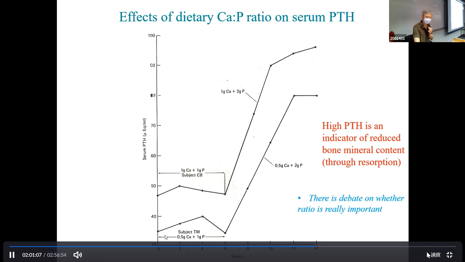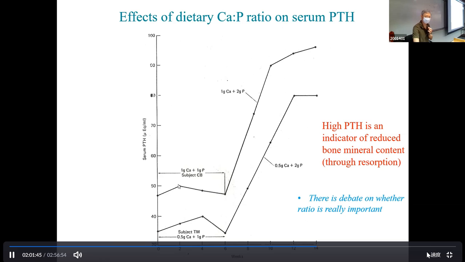The first one starts with 500 milligrams calcium and 1 gram phosphorus. Then at week 6, the calcium intake is maintained at 500 milligrams, but they double the phosphorus intake. So what you see here is a drastic increase in serum PTH, simply because of an increase in phosphorus intake.